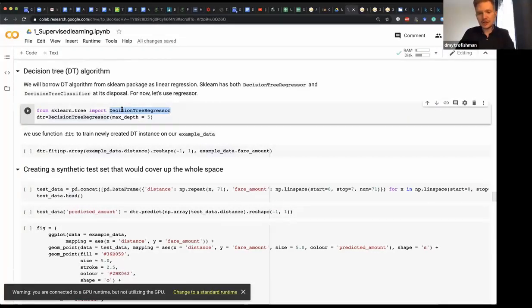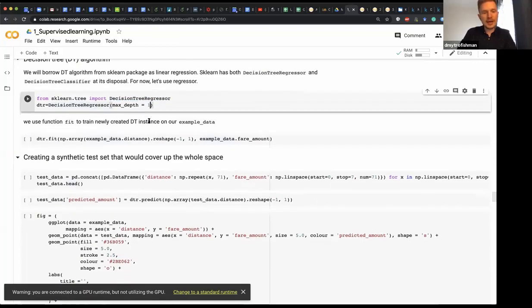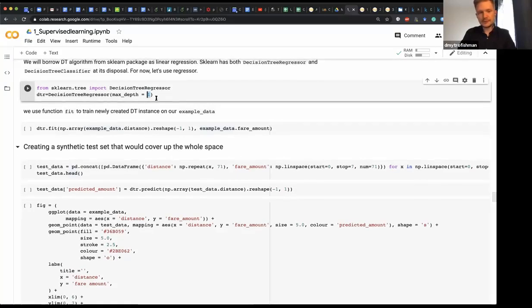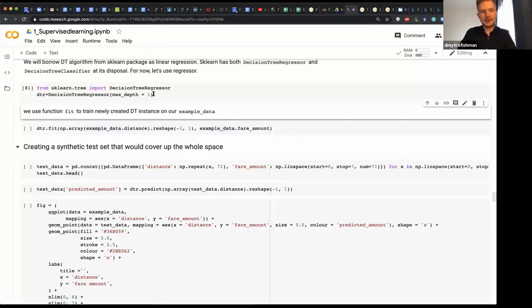There is also decision tree classifier that exists up there, but we will use decision tree regressor. Change your max depth equal to 1. Everybody, change your max depth to 1, not 5, to 1. And run this cell.